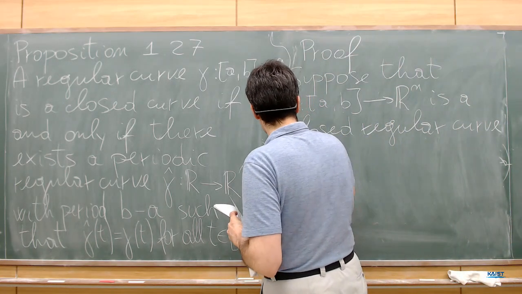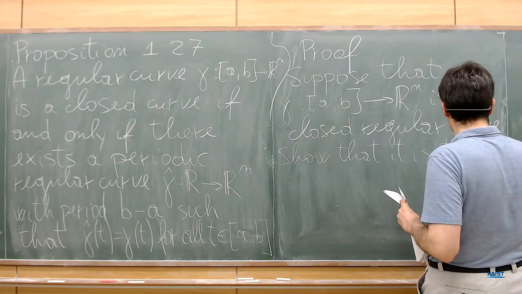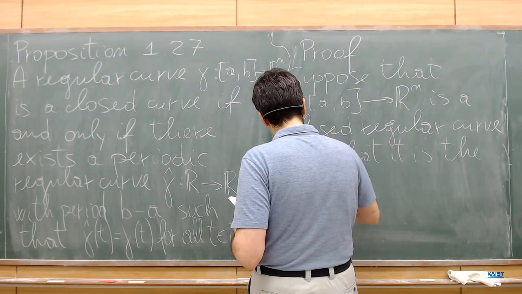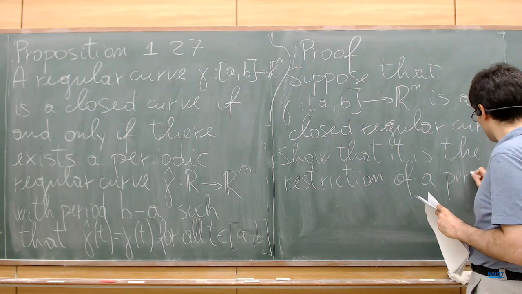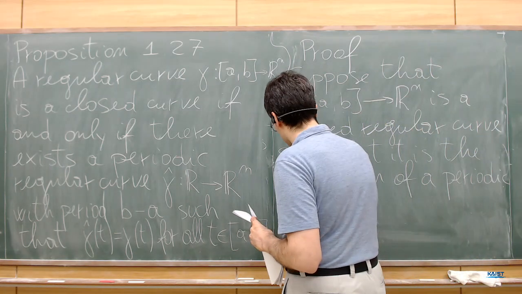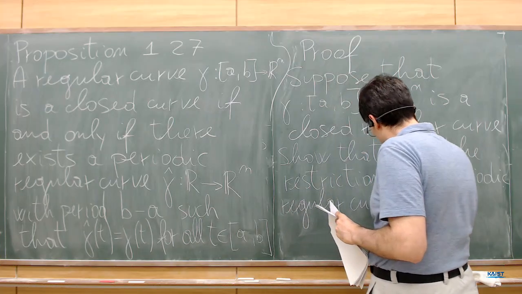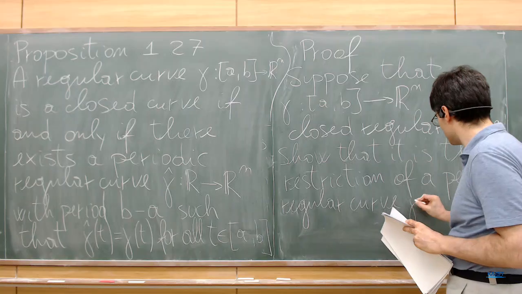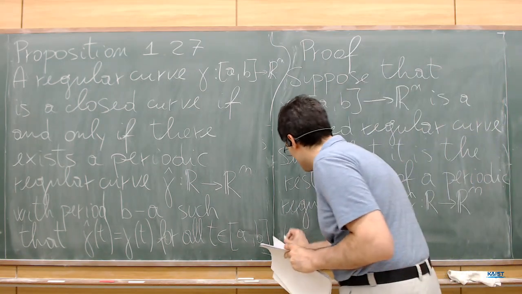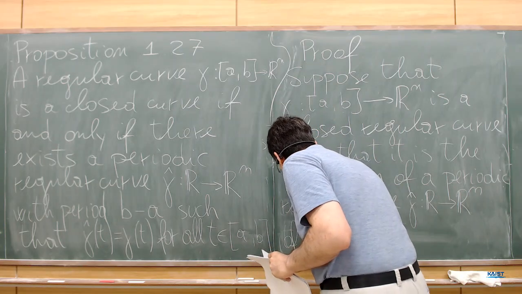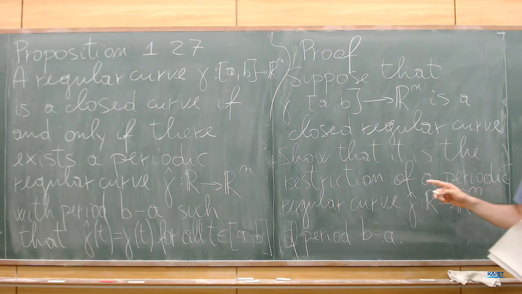Show that it is the restriction of a periodic regular curve gamma hat defined on R with values in Rn to all period B minus A. Okay, how can we construct gamma hat?